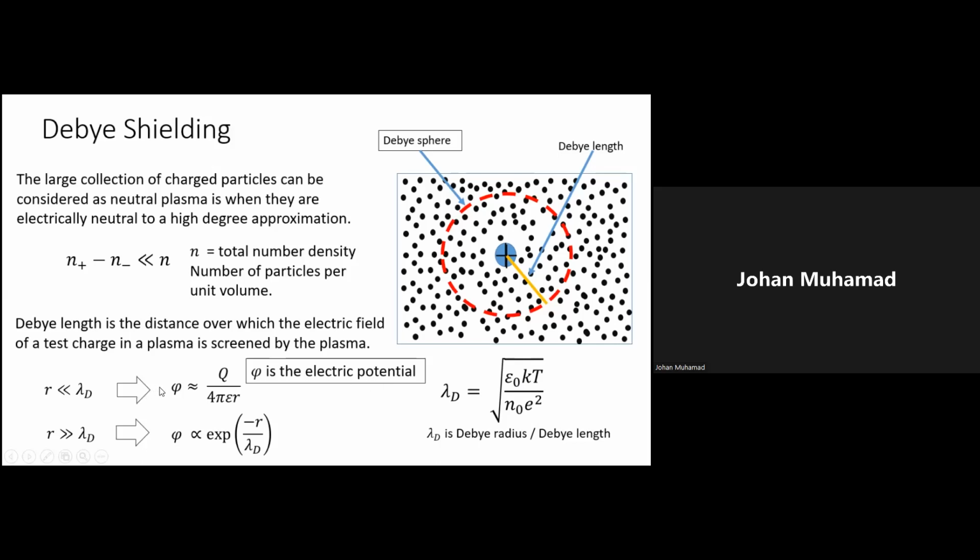And then we can see that inside this Debye sphere, when the radius of our interest is still smaller than the Debye length, the Coulomb potential is still effective. But outside the sphere, very far from the sphere, the Coulomb potential is very small.